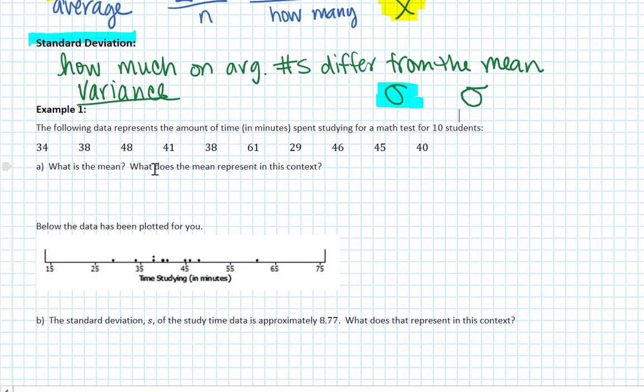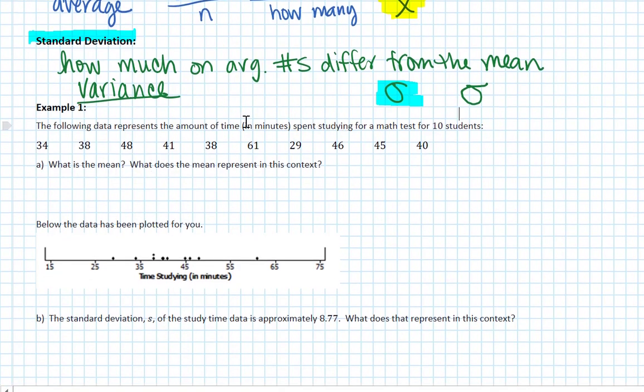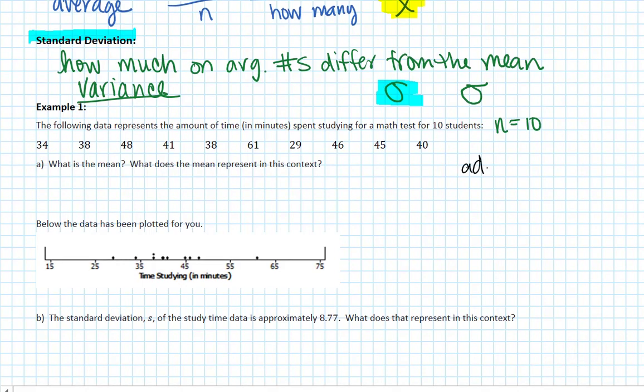The following data represents the amount of time in minutes spent studying for a math test for 10 students. So I know my sample size, or my N, is 10. Our first step is to find the mean, and what does the mean represent in this context? When I'm finding the mean here, I'm going to add up all these numbers and divide that by 10.